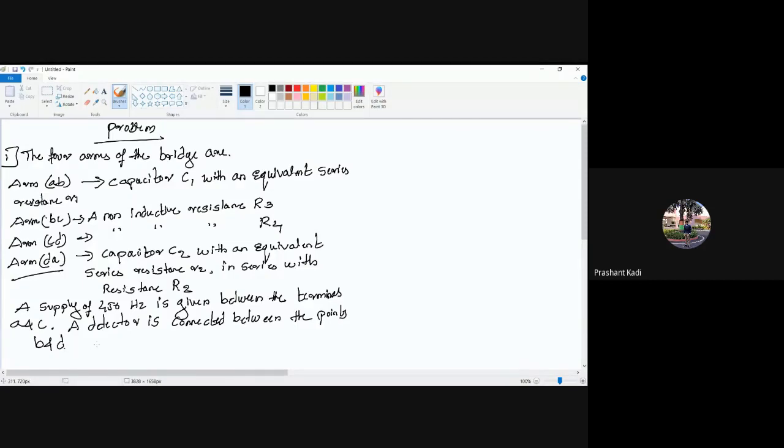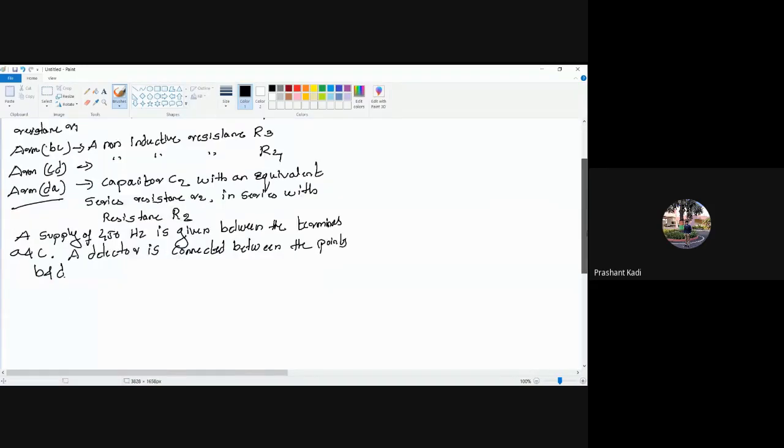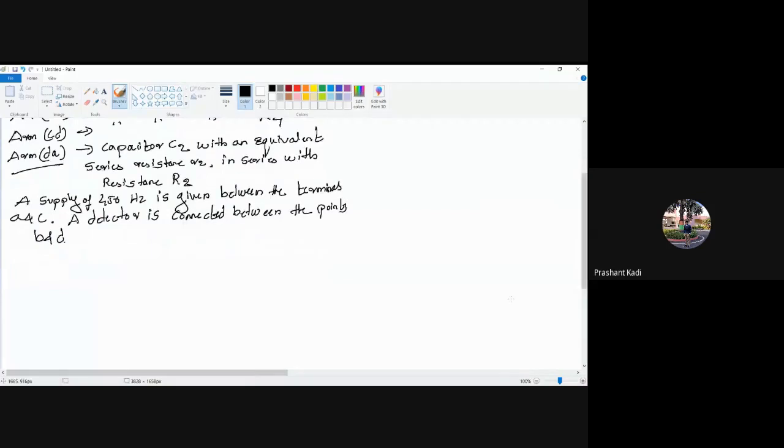Okay, next line: at balance. Continue the problem. At balance, they are given the values of the known resistances.